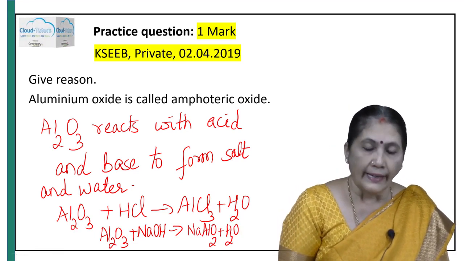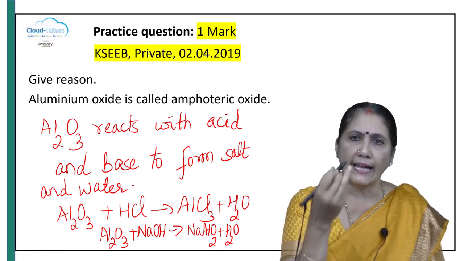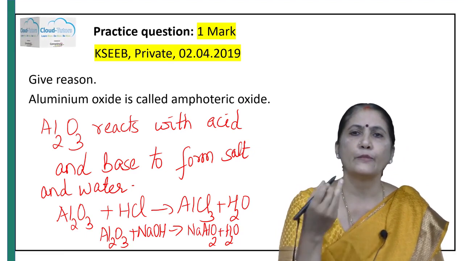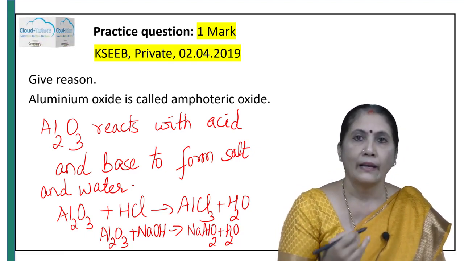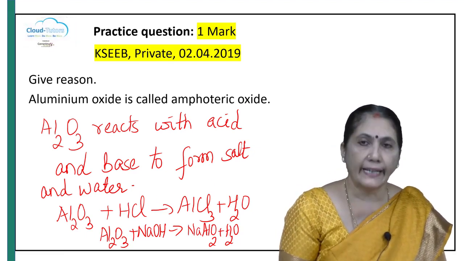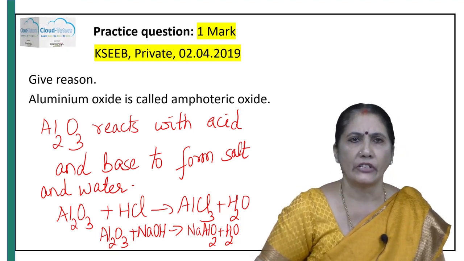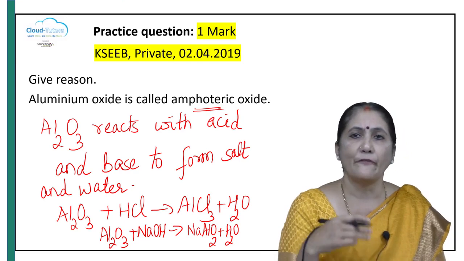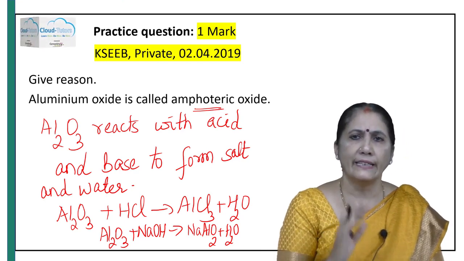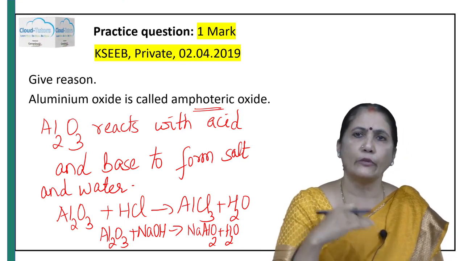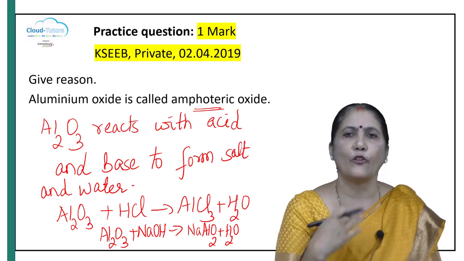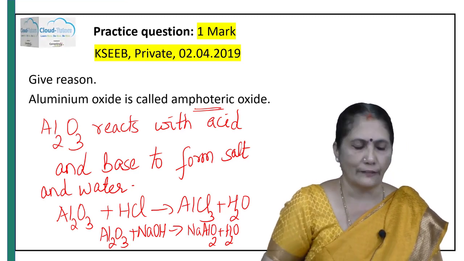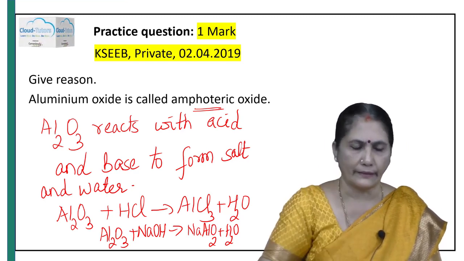So it is reacting with an acid as well as a base to form salt and water. If time permits, immediately balance the equation. So any oxide which is amphoteric oxide is said to react with acids and bases to form salt and water. This will fetch you 1 mark.